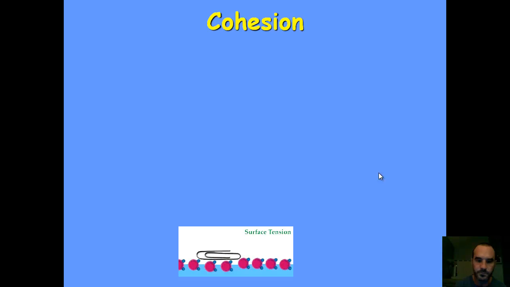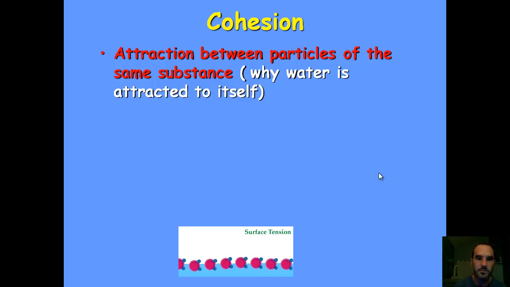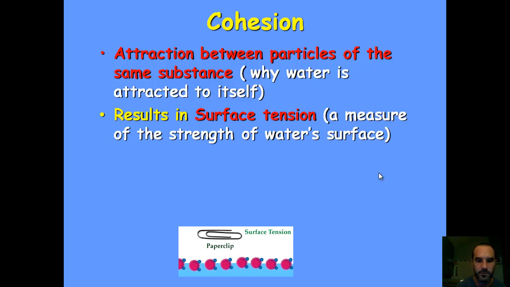So the water molecules at the top of a glass of water will create surface tension and allow things to float on the surface. Cohesion means water is attracted to itself. Because of that attraction to itself, it results in surface tension.